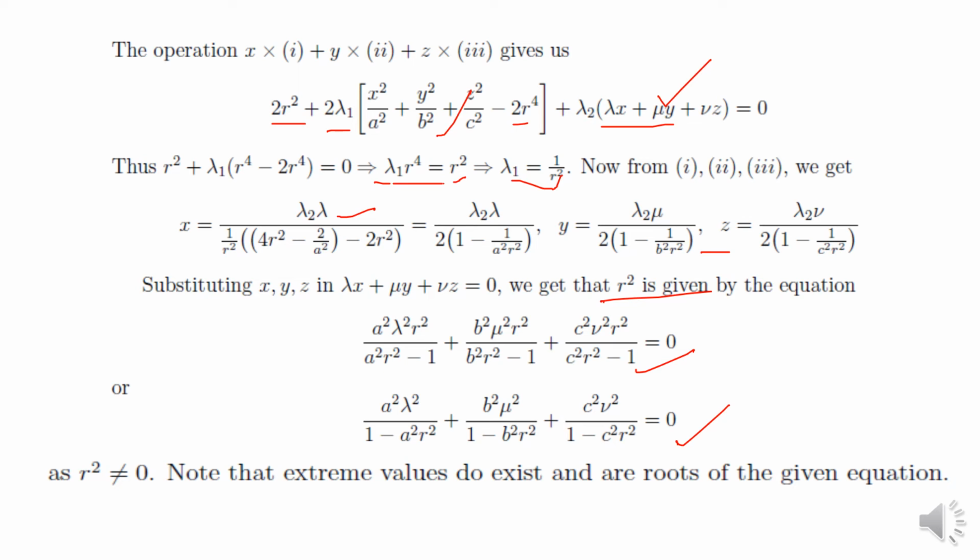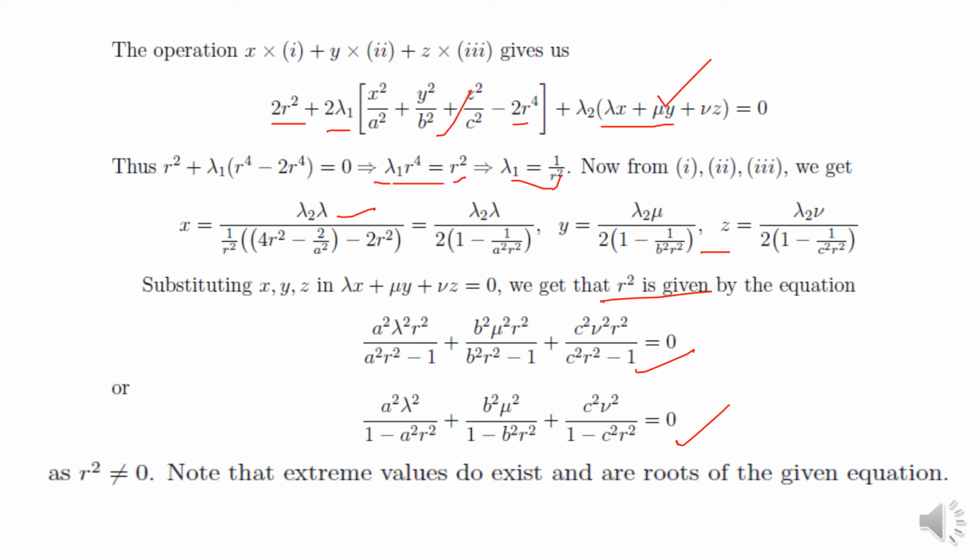Now the equations which we got by differentiating the given constraints, we multiply them by lambda 1 and lambda 2 and add them, and then equate the coefficients of dx, dy, dz to 0.